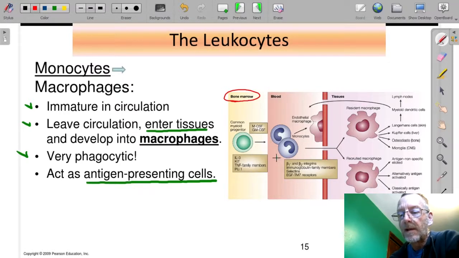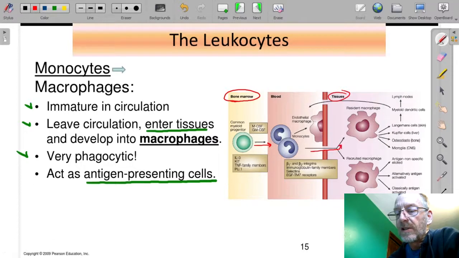It develops in the bone marrow and releases the monocytes. They have a sort of horseshoe-shaped nucleus. They're out in the blood, as we mentioned. They're circulating. And then they can leave the blood and enter the tissue spaces.